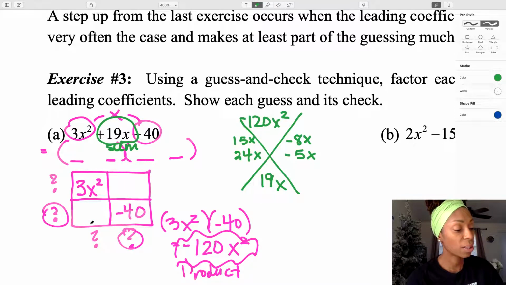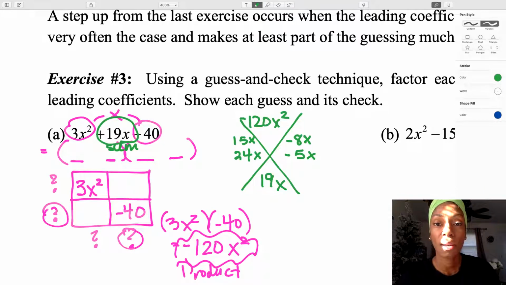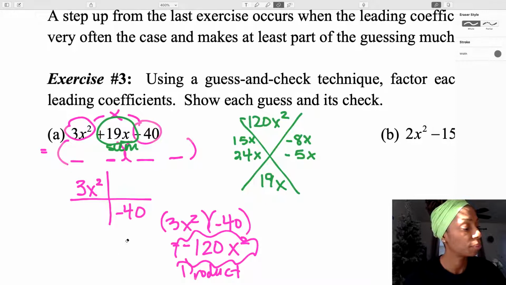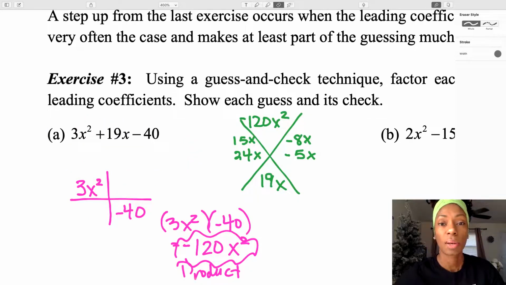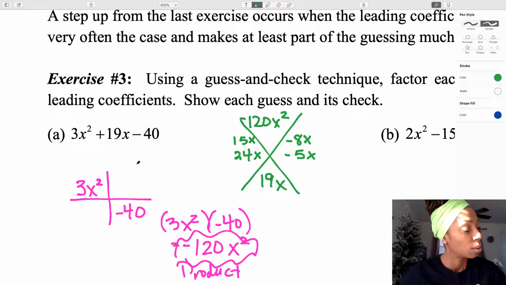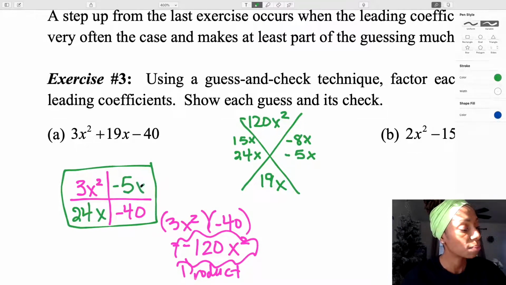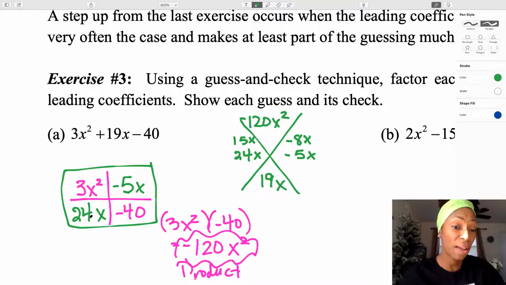So now let's go back to our box and see if we can finish this thing. The numbers that go in our box will be 24x and negative 5x. It doesn't matter if I put the negative 5x down here and the 24x up here.